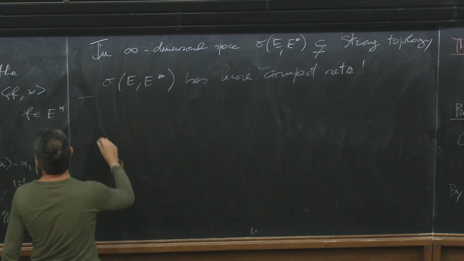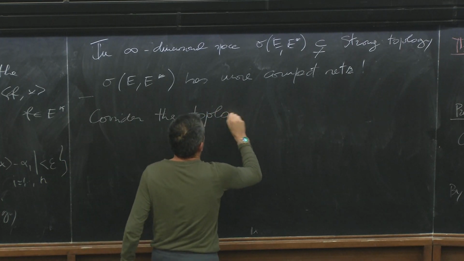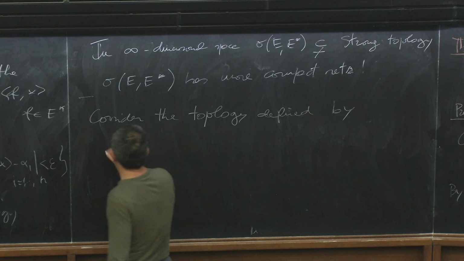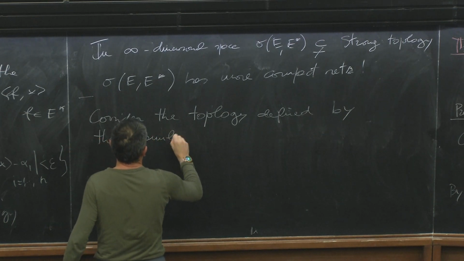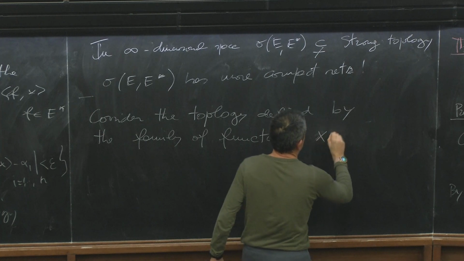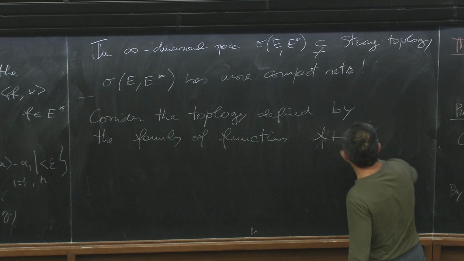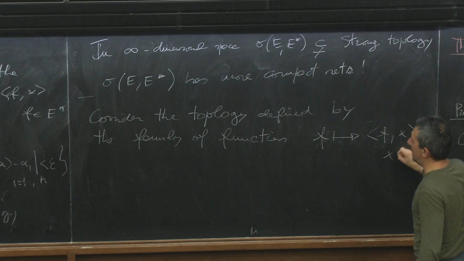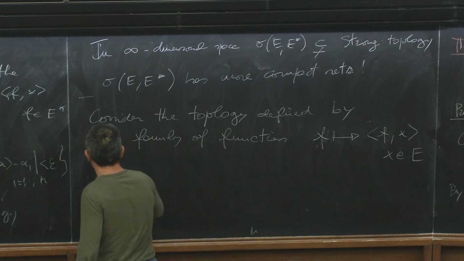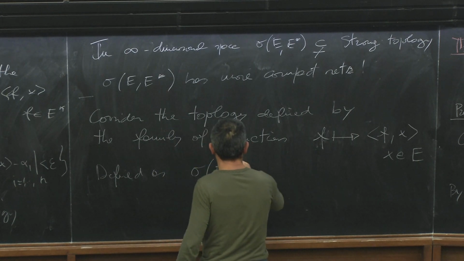Another thing we can do is the following: define by the family of functions f maps to f(x), x varying in E, a topology, sigma(E star, E).